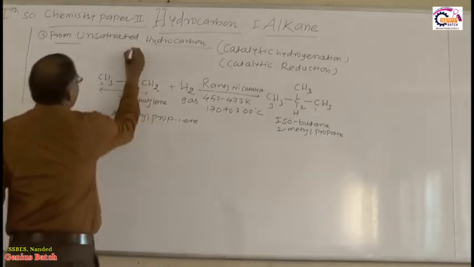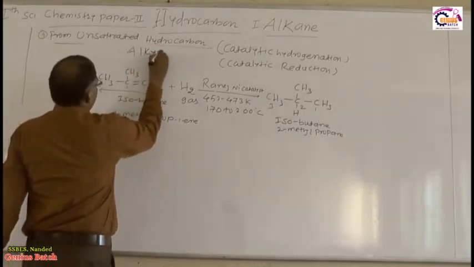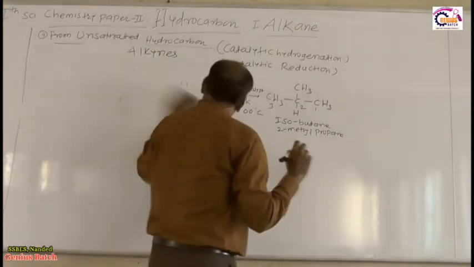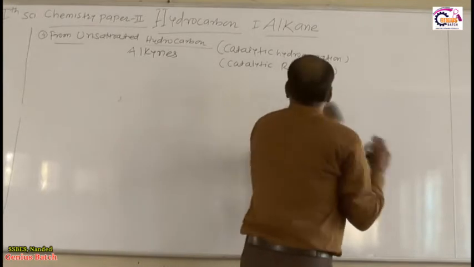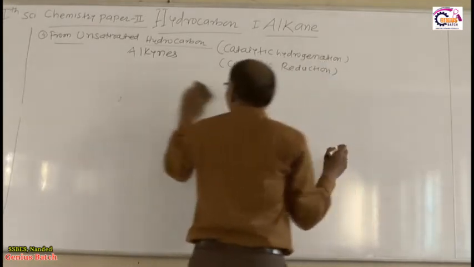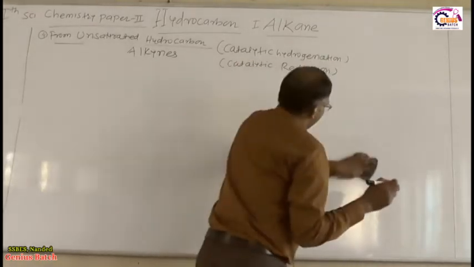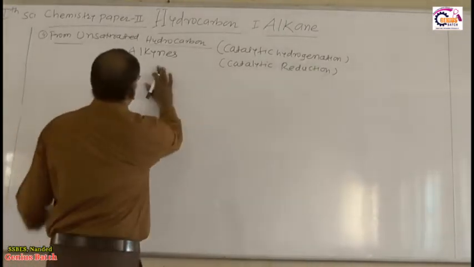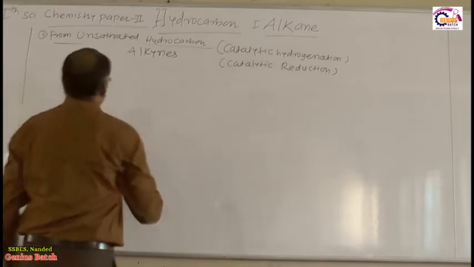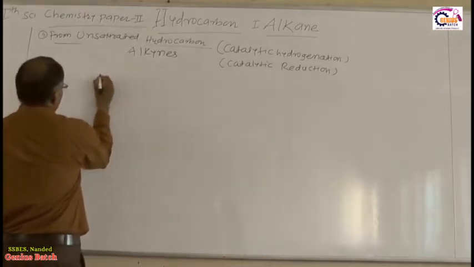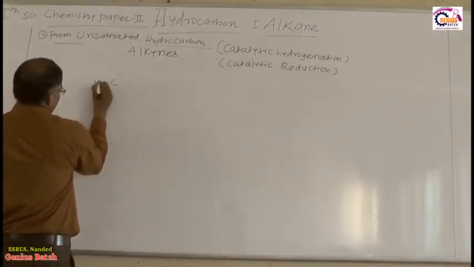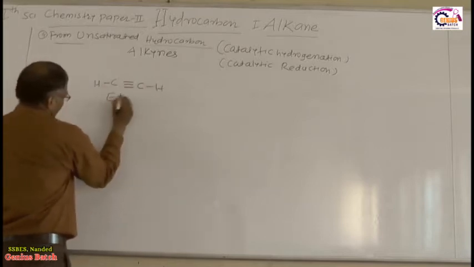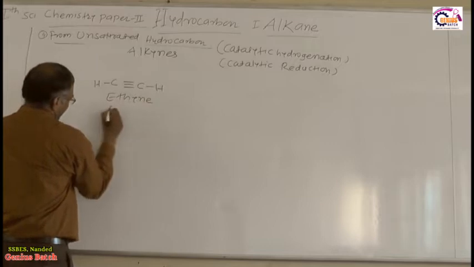Now the Sabatier-Senderens reaction for alkynes. First we will take the examples of alkynes, and lastly the alkene and alkyne MCQs. The general reaction of alkynes you have completed. The first example of alkyne has a carbon-carbon triple bond. This is ethyne, the IUPAC name.